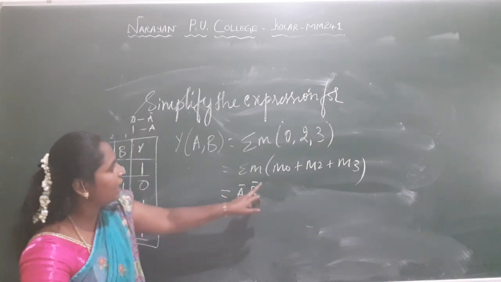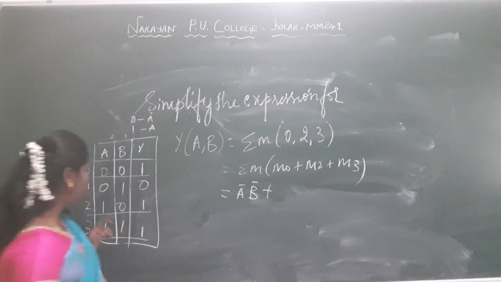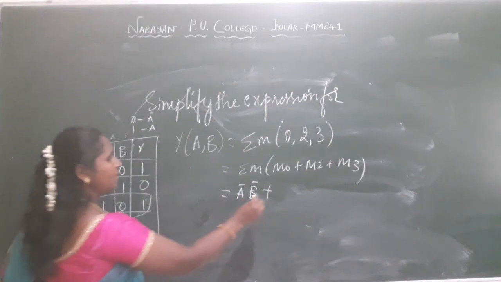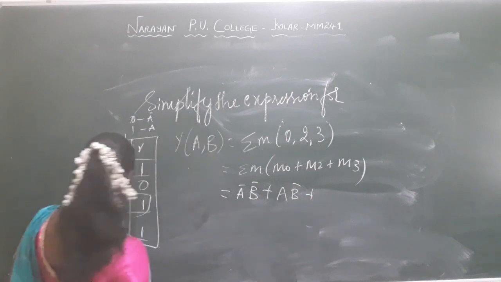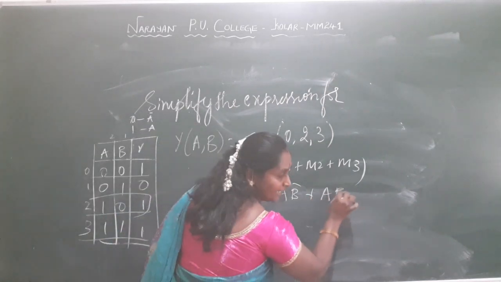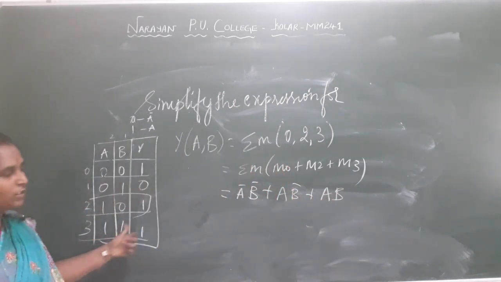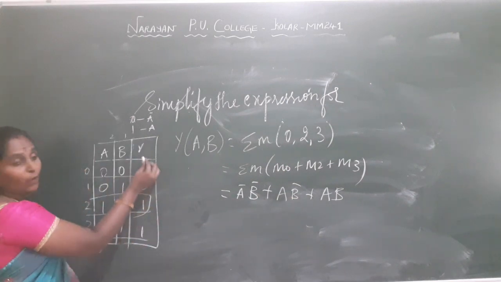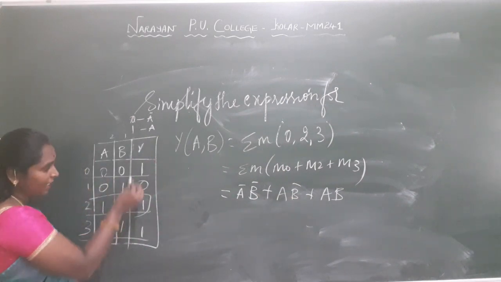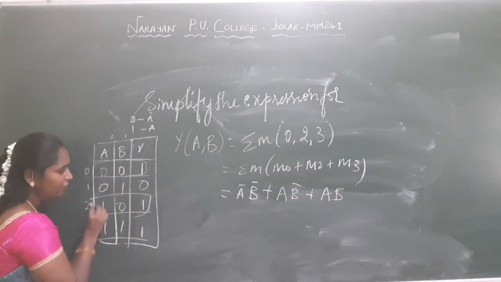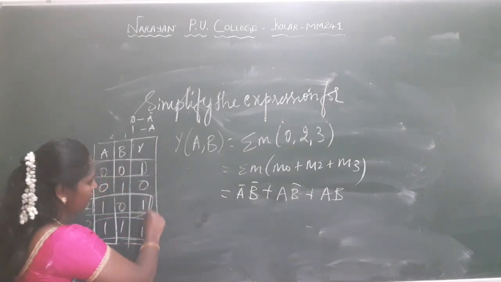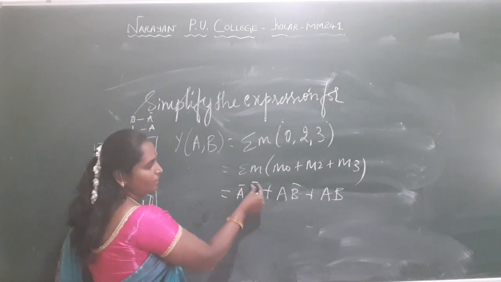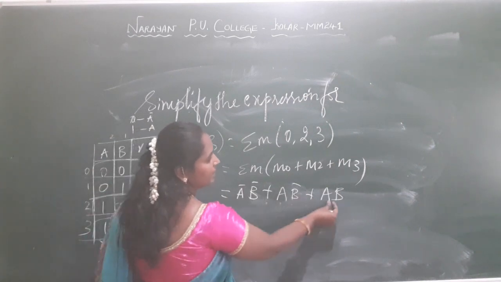So a bar b bar plus m2, which is a b bar. Next m3 is a, b as it is, because both are 1, 1. So the outputs with value 1 give a bar b bar plus a b bar plus a b.